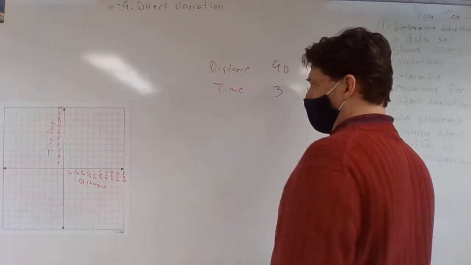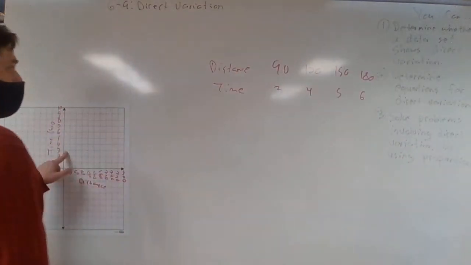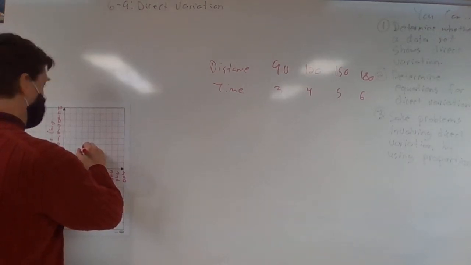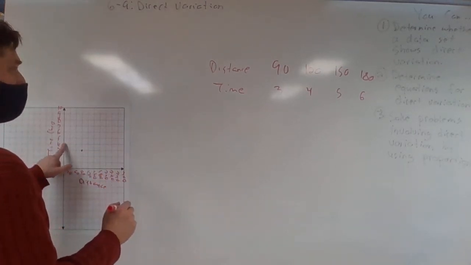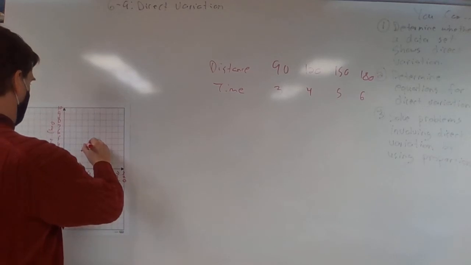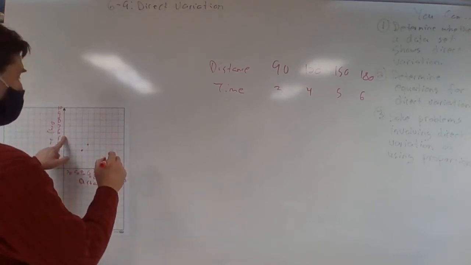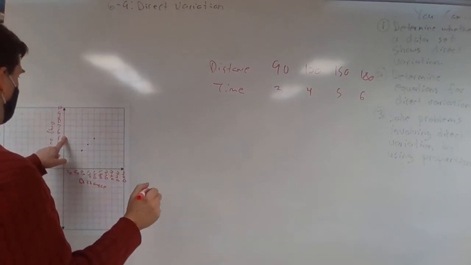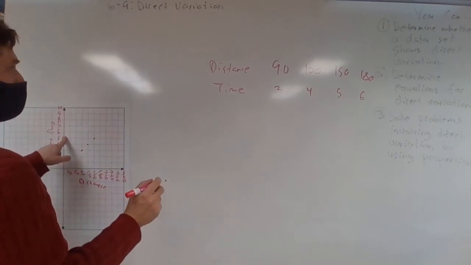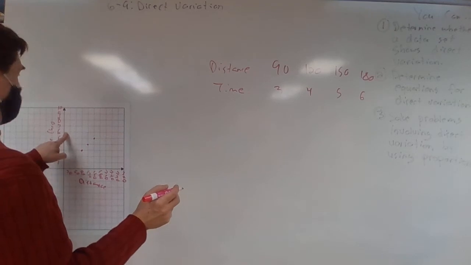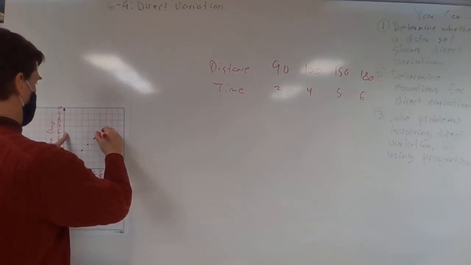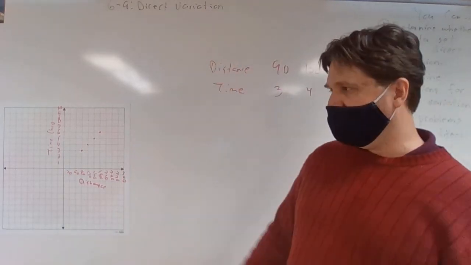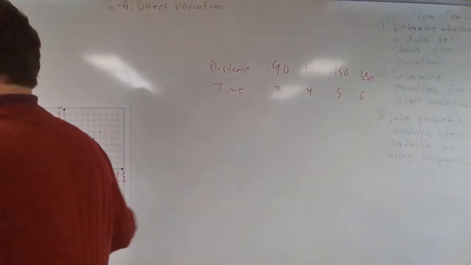Alright, let's graph. 3 hours and 90 miles, right here. 4 hours, 120 miles, right here. 5 hours, 150 miles. And in 6 hours, I go 180 miles. So there's my 4 points. I have graphed them, connect them.